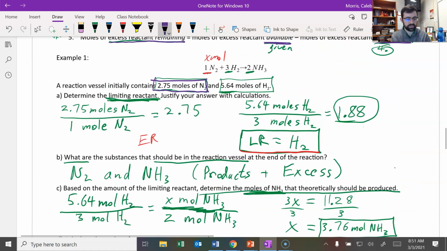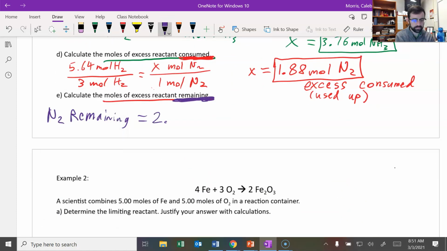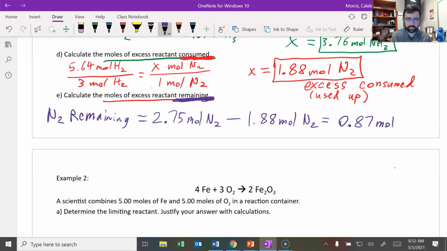Again, the original amount of N2 was 2.75 moles, minus, and I used 1.88 moles. 2.75 minus 1.88. And I get 0.87 moles of N2.